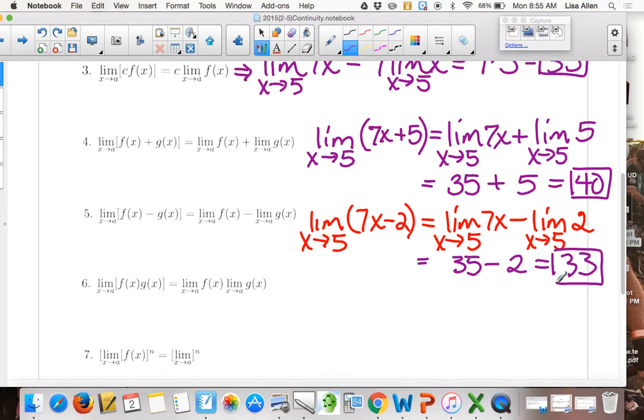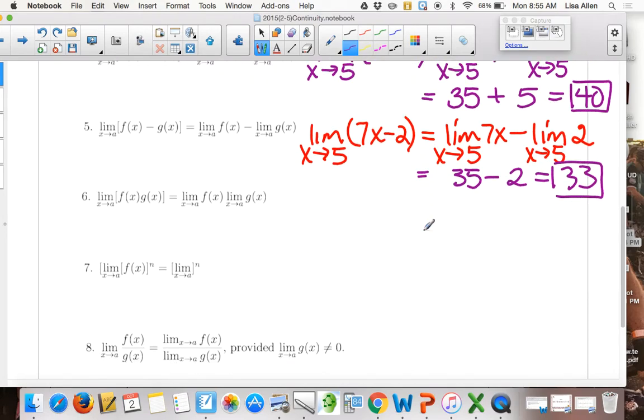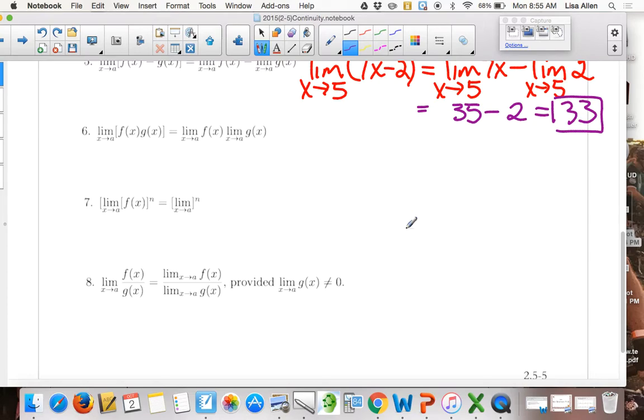This is just using a very simple function to illustrate the rule, but there are times where we want to separate the limits. For the product, the limit of a product is equal to the product of the limits.